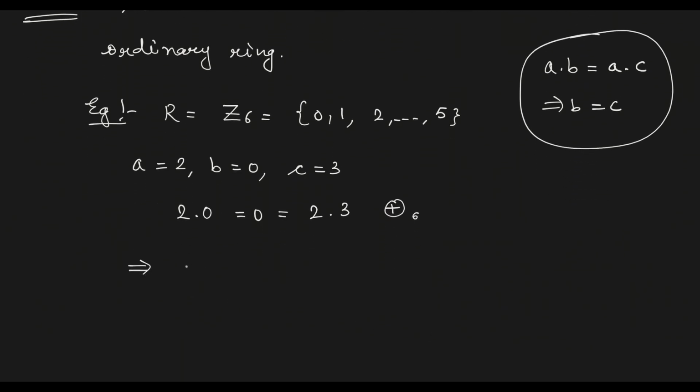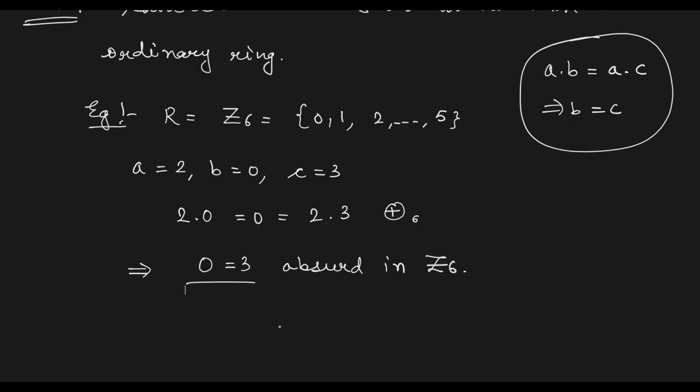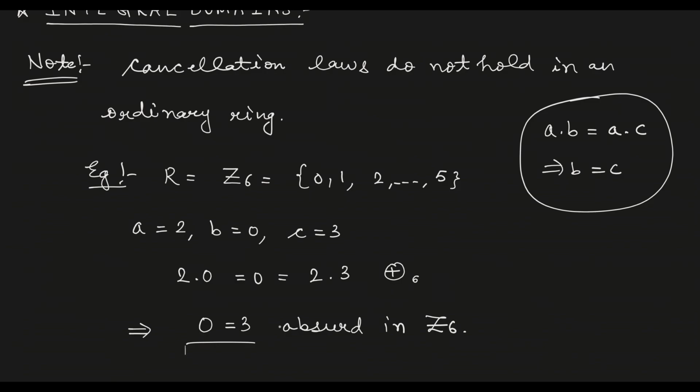But if the cancellation law is satisfied, then this should imply that 0 equals 3, which is absurd. It is not possible. So cancellation laws do not hold in any ordinary ring.